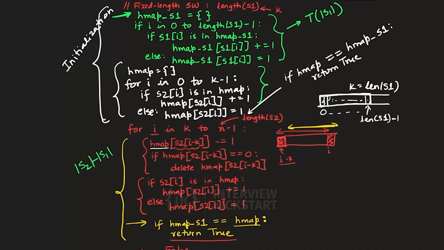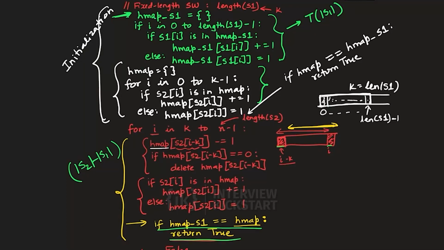So for each of these characters, we are adjusting the hash table, the hash map for the frequency table for S2. That takes a constant amount of time, and then we are checking here whether the two hash tables match.